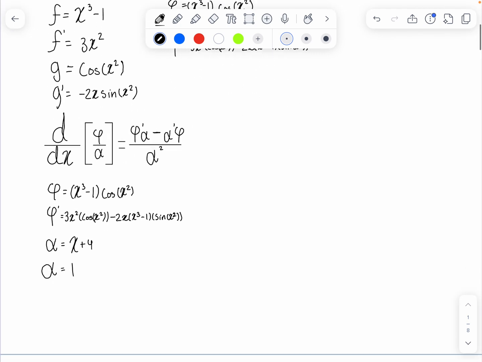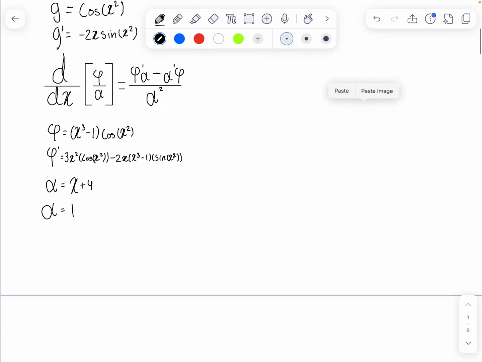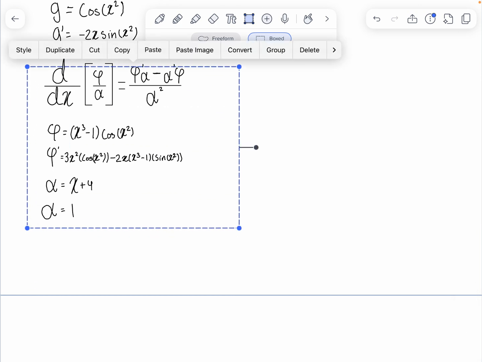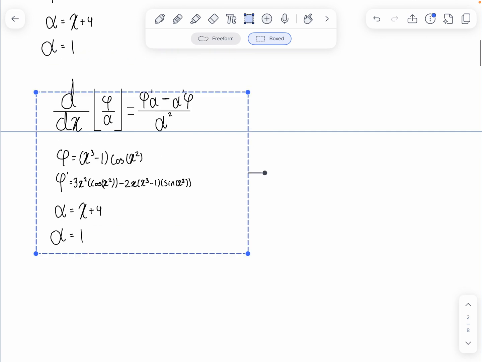Now we can start constructing our question. And I'm going to move on to the next page, since this is where the hard part begins.